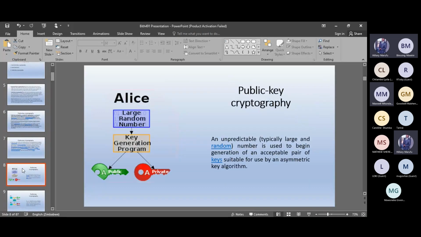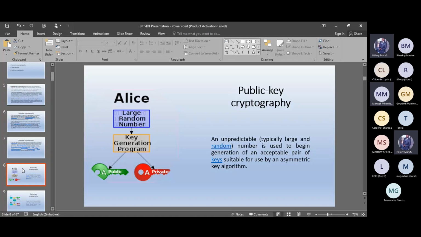So Alice, I prefer A, is when they want to send information through probably a network or send it to Bob. In our case, Bob with a B. Alice generates a public key and a private key, depending on the algorithm that they want.